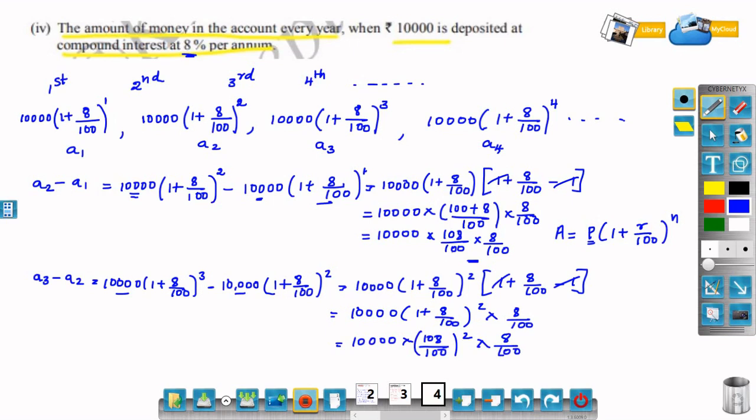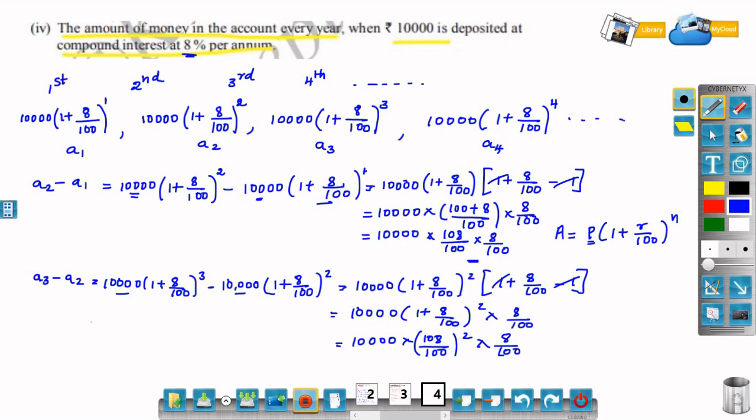See the common difference in the first case and in the second case. Here it is 10,000 into 108 by 100 into 8 by 100. Here it is 10,000 into 108 by 100 whole square, two times, into 8 by 100.